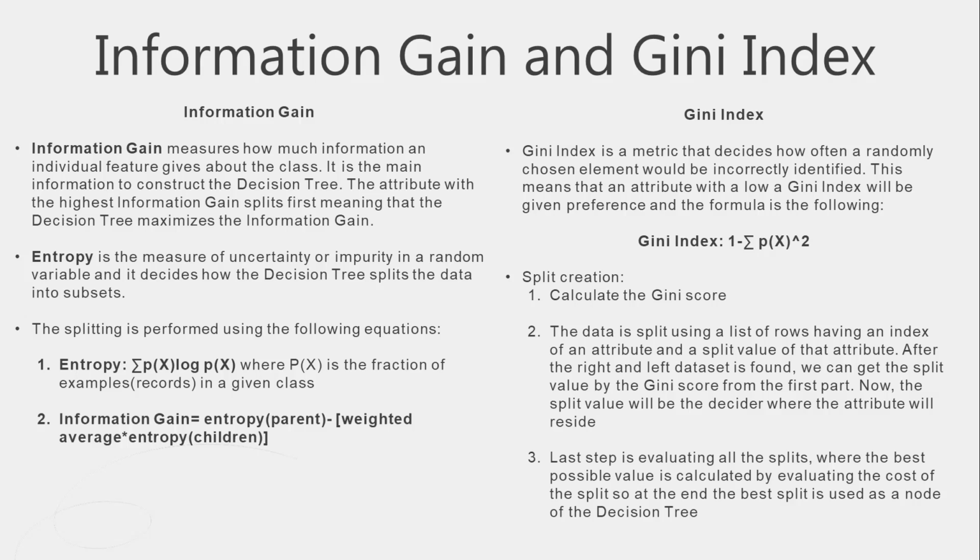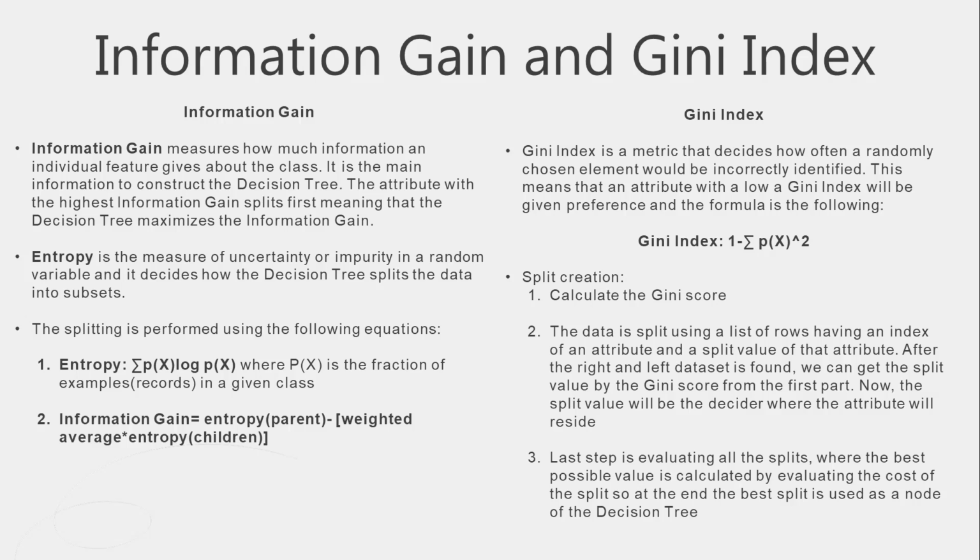The split using the Gini index is done in the following way. First we calculate the Gini score, then the data is split using a list of rows having an index of an attribute and a split value of that specific attribute.